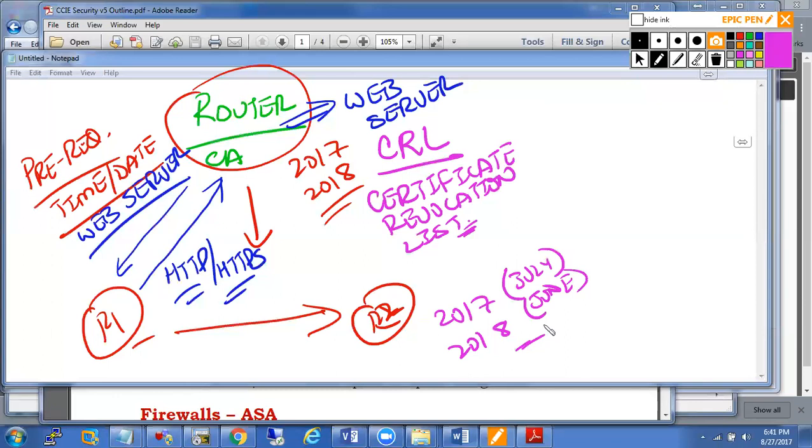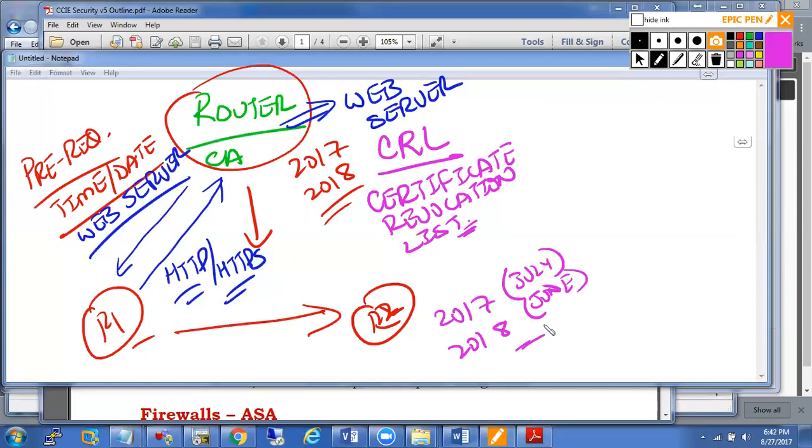But after 2 months or 3 months, within that validity period, you no longer need that certificate because of different company reasons. So you can send a request to the CA server saying, hey, listen, the certificate's still valid, but I don't need it anymore because I've merged, or I have decommissioned that server. Main thing, I don't want it anymore.